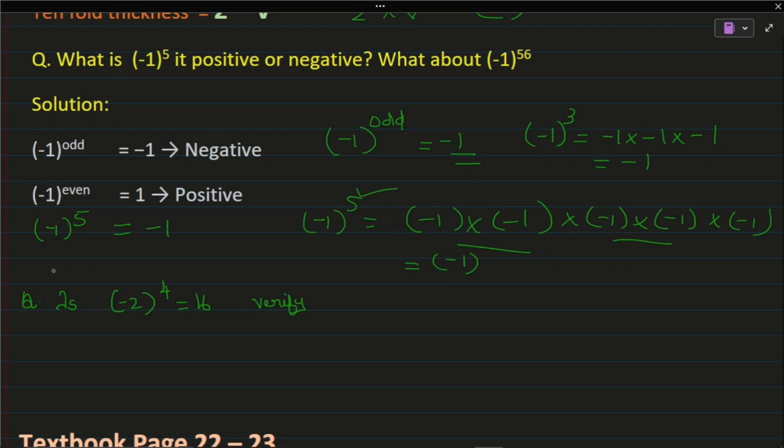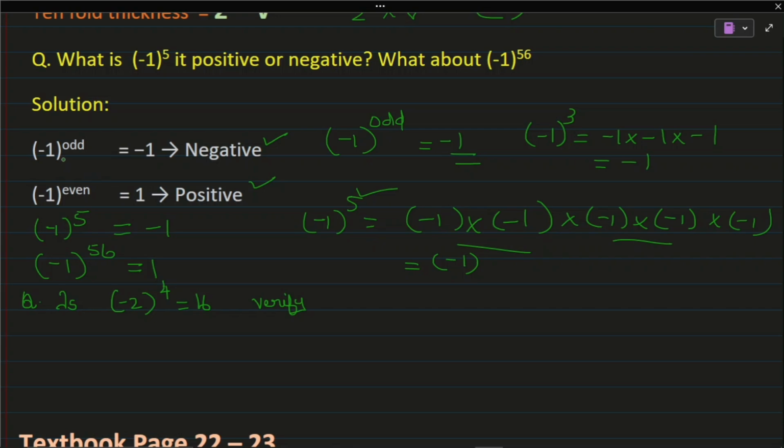Here next one, minus 1 raised to 56. Here you know 56 is an even number. So minus 1 raised to even, answer will be 1. So for solving this type of question, if you are learning this by heart, you can easily find the answer.